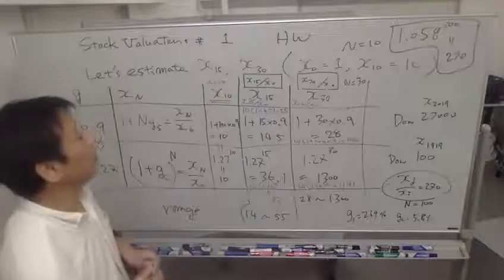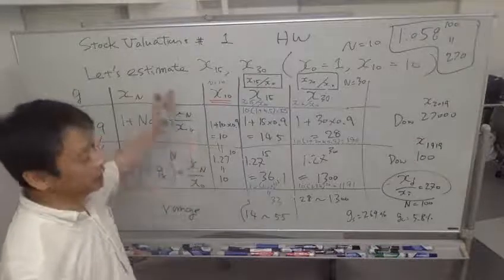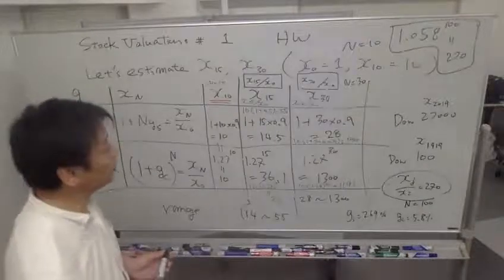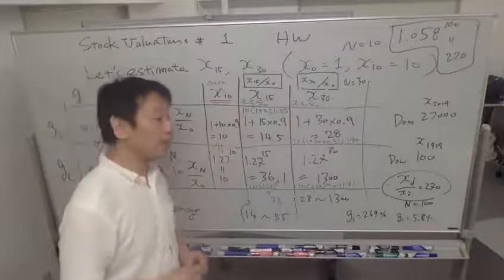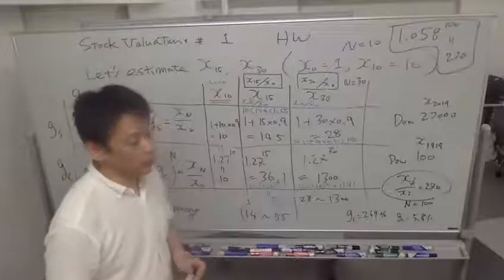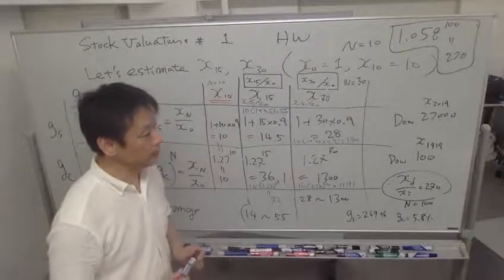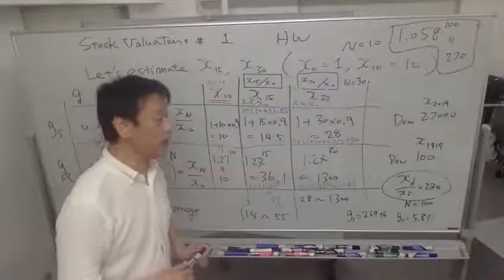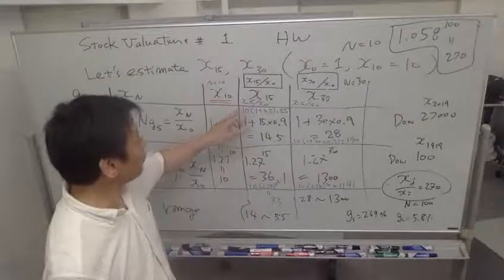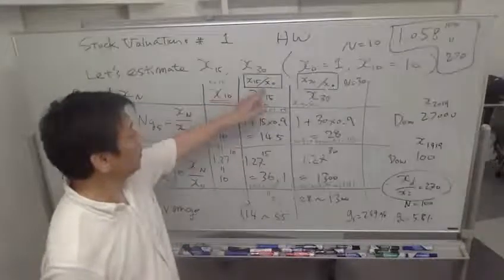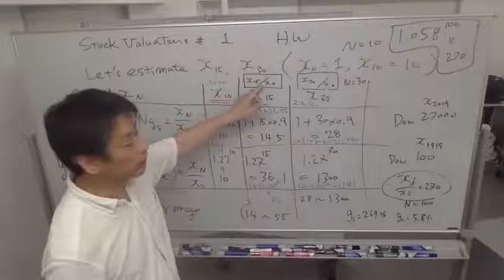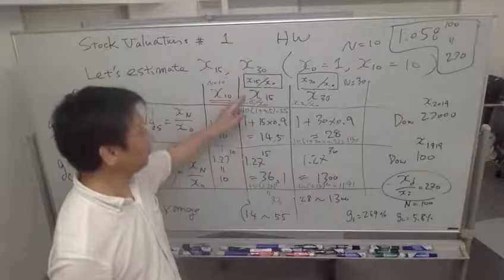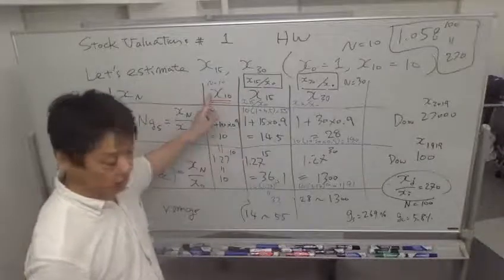However, this is not the only answer. Your answers should be different because there are alternative choices. You can choose a different starting point. For example, your starting point does not necessarily have to be X0, but you can choose X10 instead.